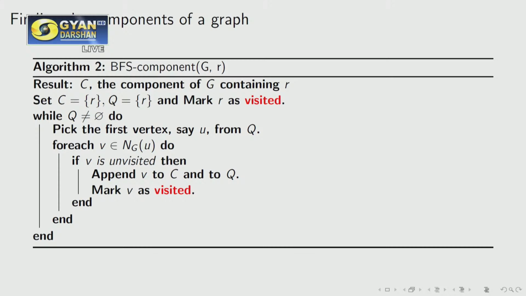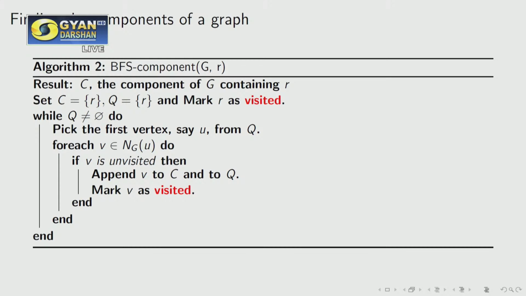As you can recall, a component of a graph is a maximal connected subgraph of it. Maximal connected subgraph means a subgraph which is connected and which is not contained in any larger connected subgraph, right?